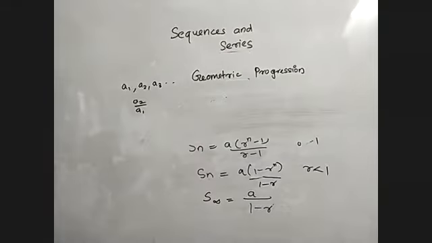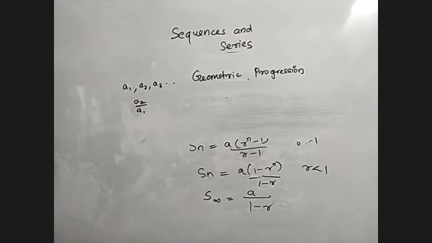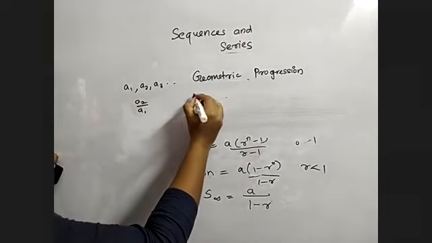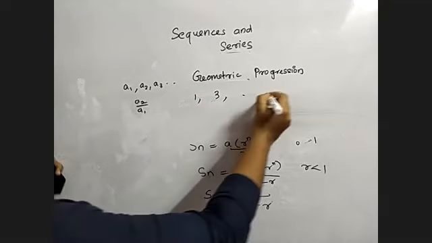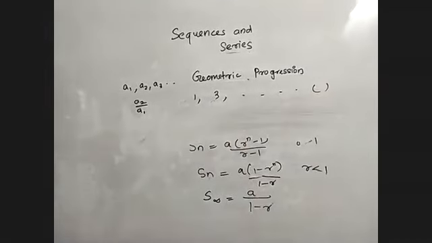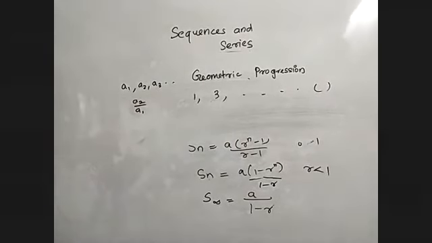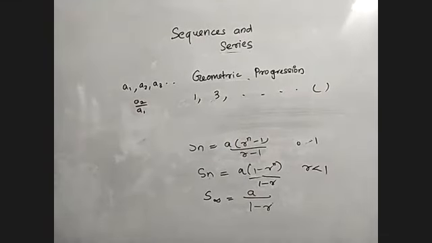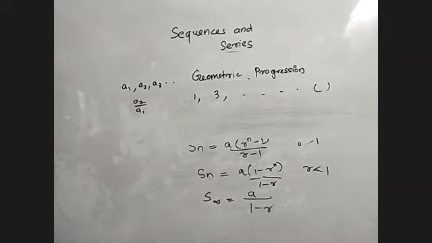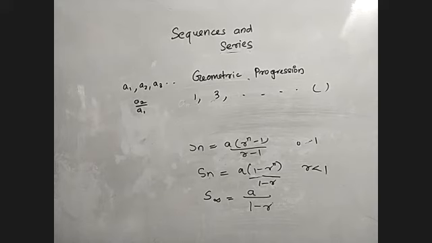That means they will at least give the first two numbers like 1, 3, and then the last number. Usually they give the first two terms or the first three terms. Then only we will be able to understand whether it is an AP, GP or anything. Otherwise, we will not be able to understand it.